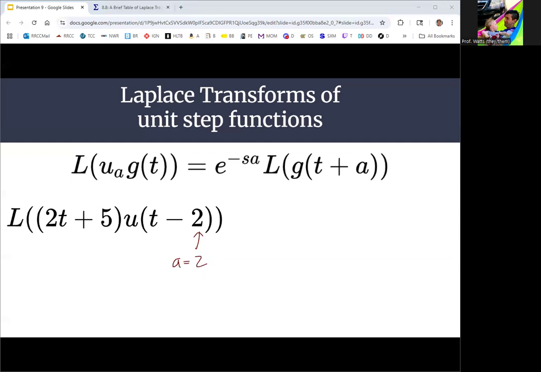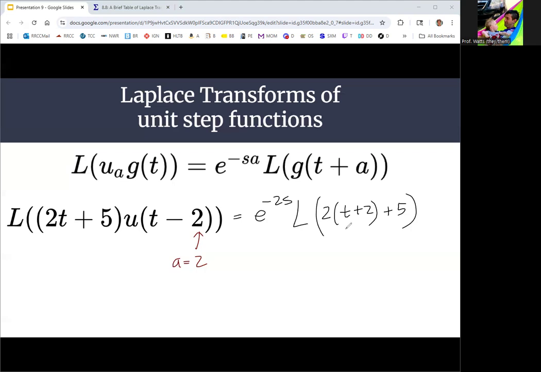So when I go to the formula, I'll do e to the negative 2s because a is 2. Now, before I take the Laplace transform, I need to shift. I'm going to add a, which is 2, to all the t values. So it's 2t plus 5. You need to replace t with t plus 2, right? That's t plus a in parentheses.